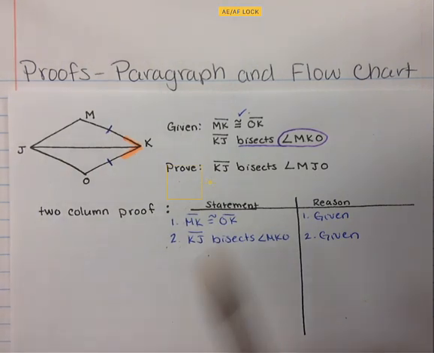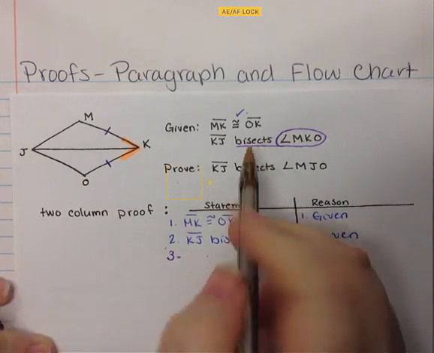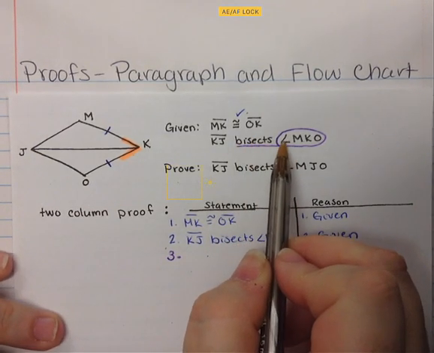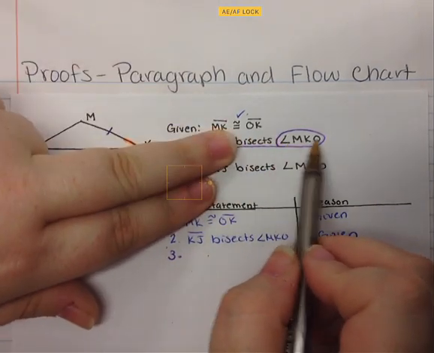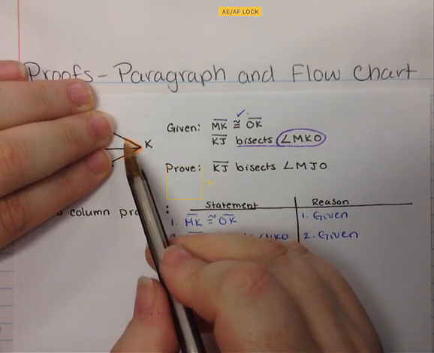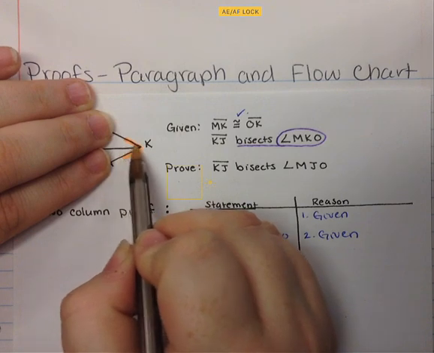So when I go to statement 3, I have to use this. Bisect again means to cut in half. So I'm going to this angle MKO. I don't even care about this part over here. Here's the angle that I'm looking at. This angle is being bisected, it's being cut in half. You see how this part is going through the middle?